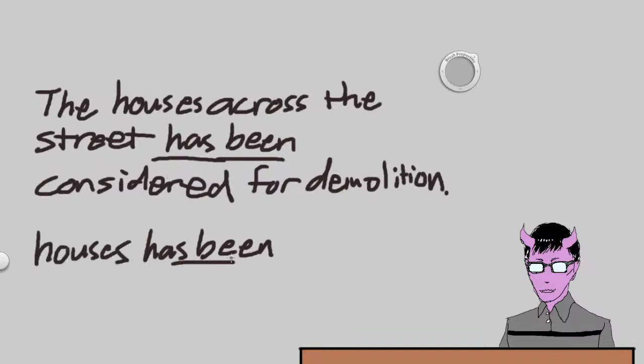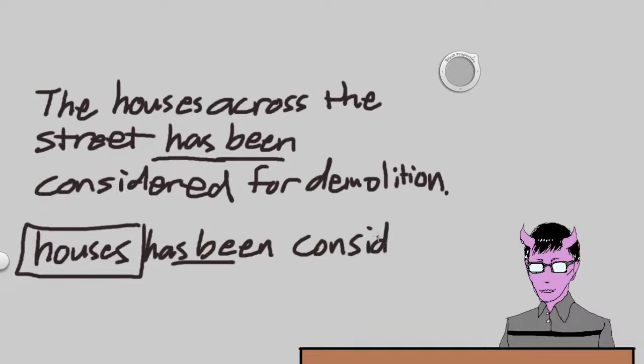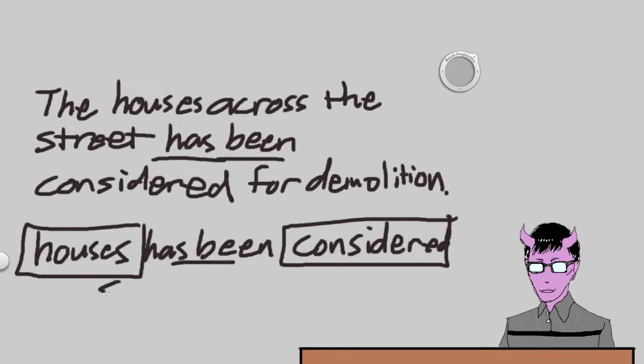So considered is describing, it's a statement of quality of the houses. So we have subject, we have verb. This is not an object because these are not the things being possessed. So again, I would argue that considered is an adjective in this situation. So subject, verb, adjective.